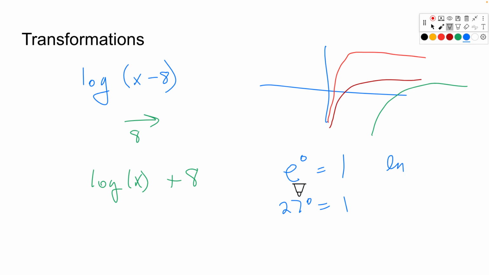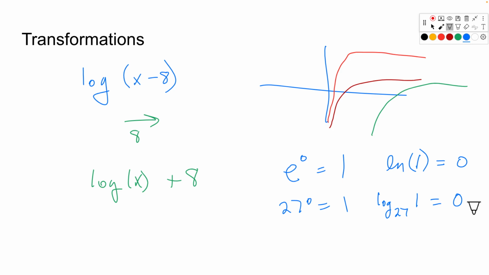The 1 comes over, and that's equal to 0. Log base 27, 27 is the base, the 1 comes over, the 0 is the answer. So notice when you put 1 into a logarithm, what are you always going to get? 0.